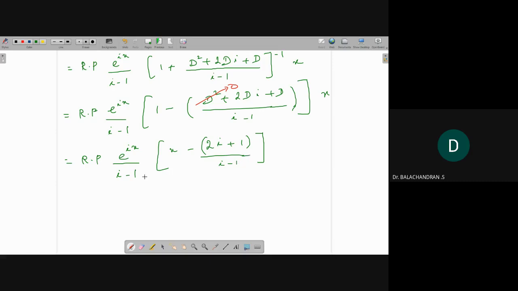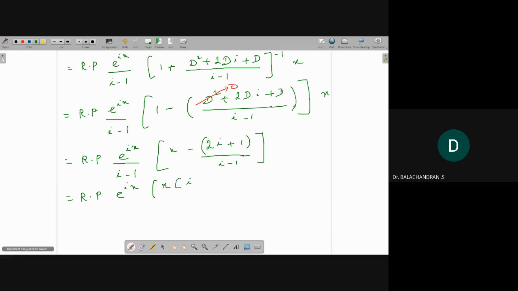Okay, now don't expand this. You can expand only at the last stage. You need to write e power ix is cos x plus i sin x. I will tell you when you will do it. Now take i minus 1 as the LCM, you will get x into (i minus 1).